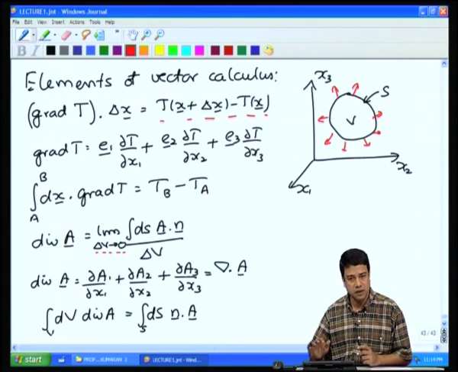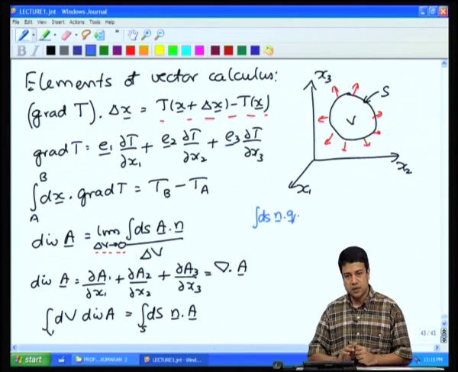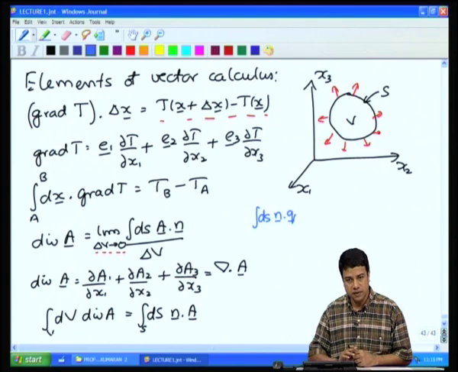We will see it a little later also, but briefly, if A were a heat flux, then you know that integral ds n dot q, where q is the energy transported per unit area per unit time, q dot n is the energy transported perpendicular to the surface.